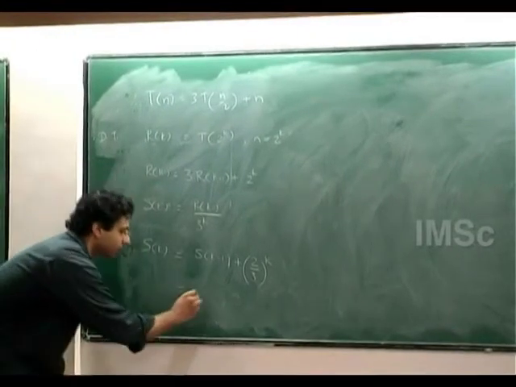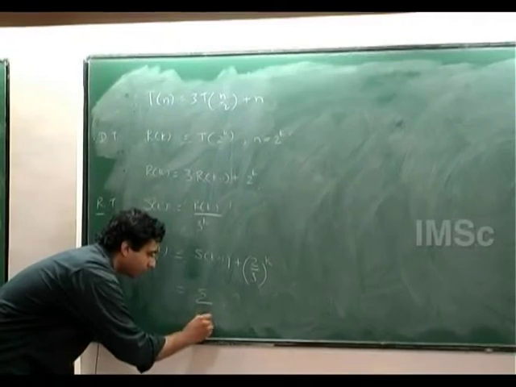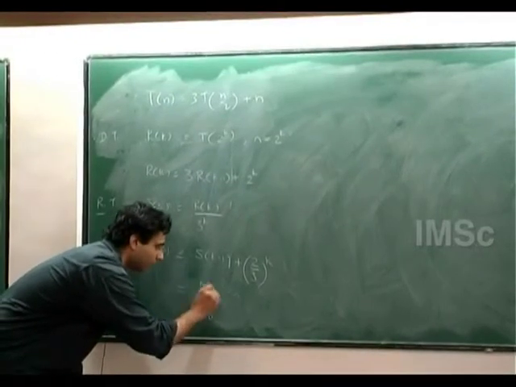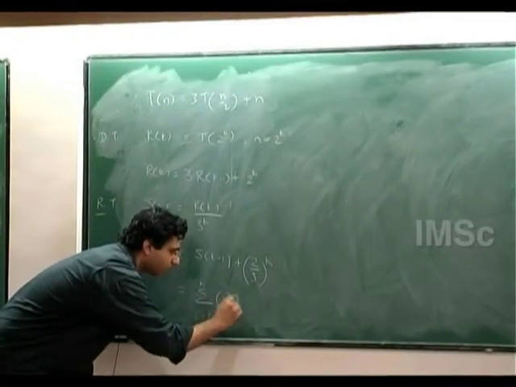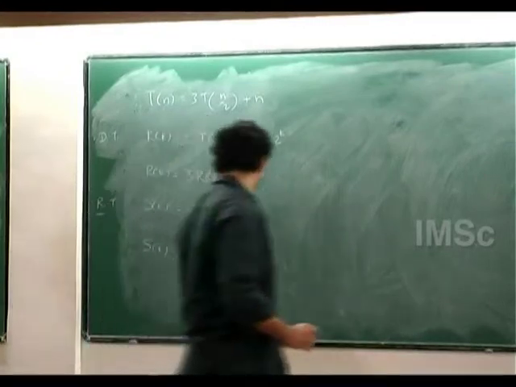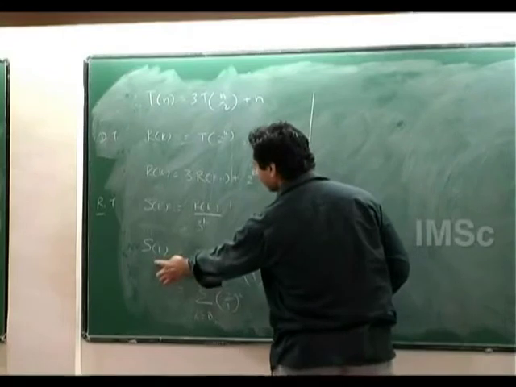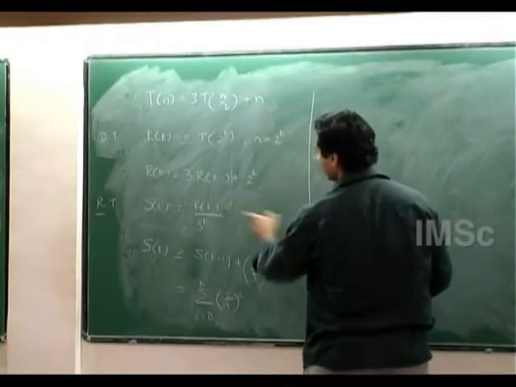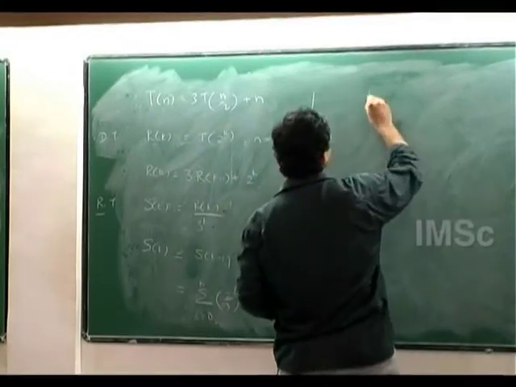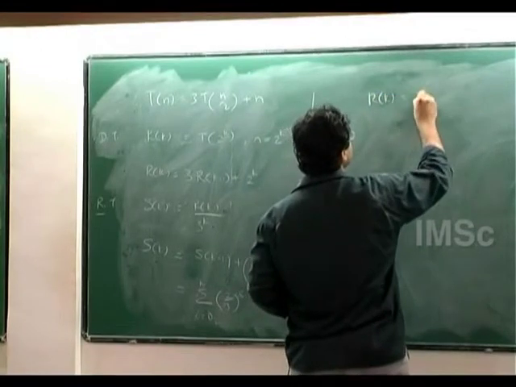I know that this is just the sum of i from 0 to k, 2 by 3 raised to i. So that is my solution for S of k. To get the solution for R of k, I have to multiply by 3 raised to k.